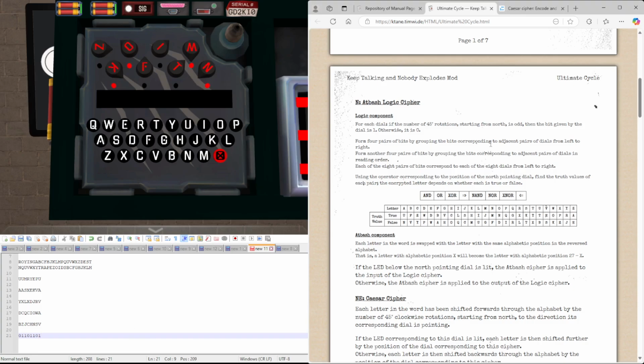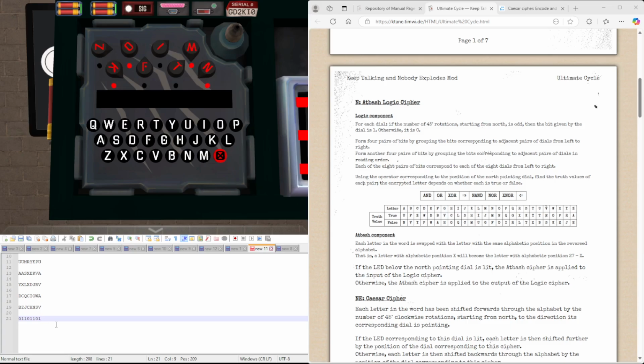Group the bits into pairs by grouping the bits corresponding to adjacent pairs from left to right. That would be left to right in reading order.